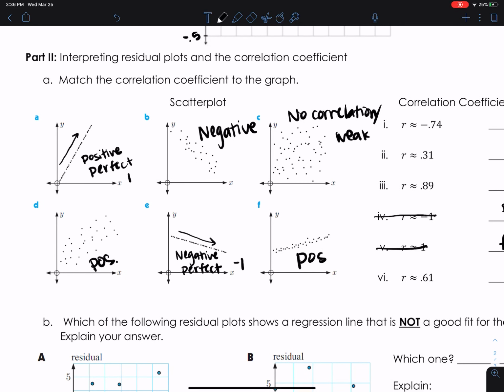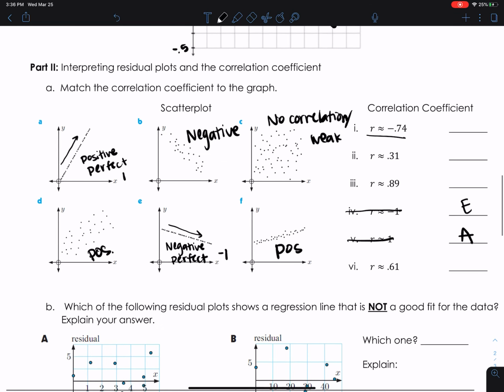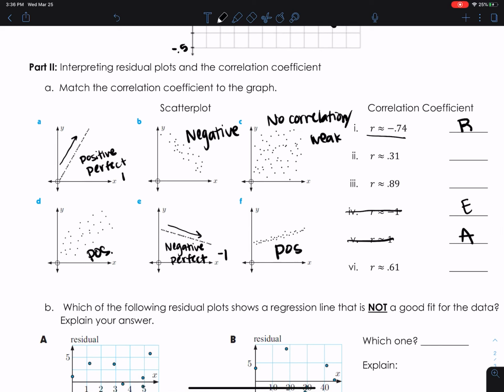So we have negative 0.74, 0.331, 0.89, and 0.61. So the only one that's negative here is Roman numeral 1, or I. So we know that that one has to be B. And it makes sense. If we were to draw a line here, the points are pretty close to it. So it would be like a strong to moderate correlation, which makes sense that it's negative 0.74.